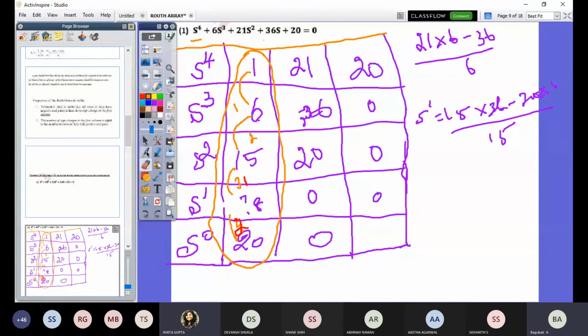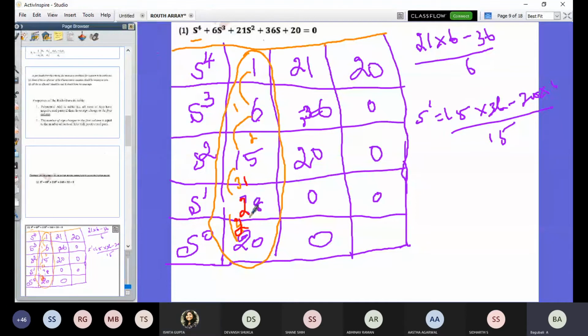I have included all the roots. So all the roots are in the left half. How many roots? All 4 roots. There are 4 roots, and all 4 roots are located in the left half of the S plane.